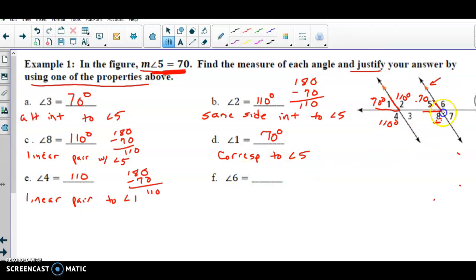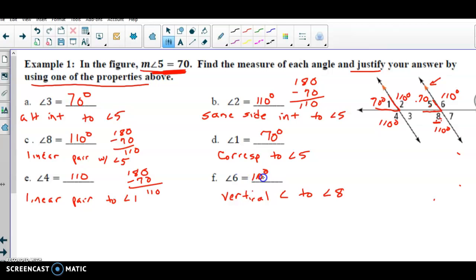Angle 6. Angle 6, you could say it's vertical to angle 8. There are really all sorts of different answers for the justification here. It's a vertical angle to angle 8. So if 8 is 110, we figured that out already, angle 6 is 110 as well.